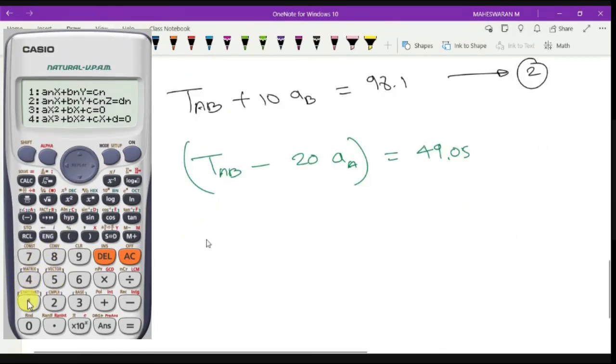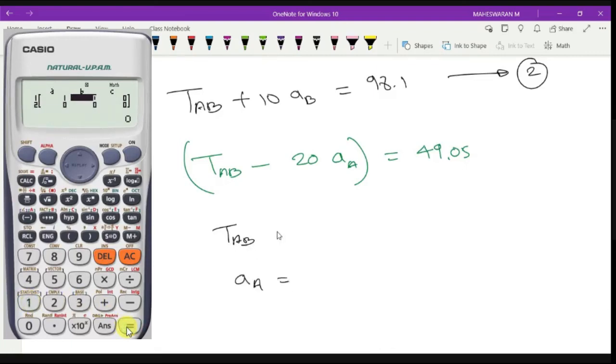Tell me what is your TAB. 81.75. Very good. 1.685 meter per second square.